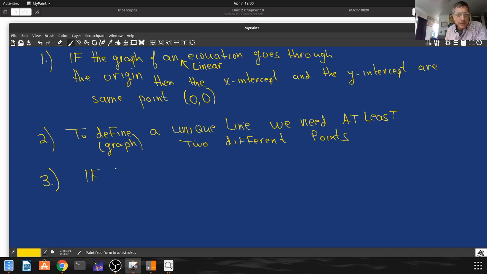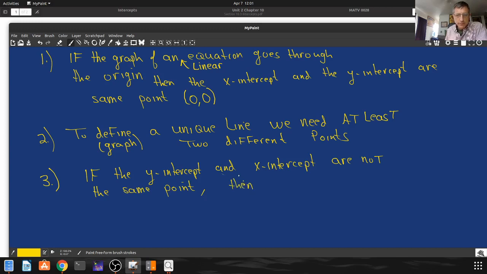If the y-intercept and x-intercept are not the same point, and again, we're just talking about linear equations right now, then you can graph an equation of a line, or a linear equation.